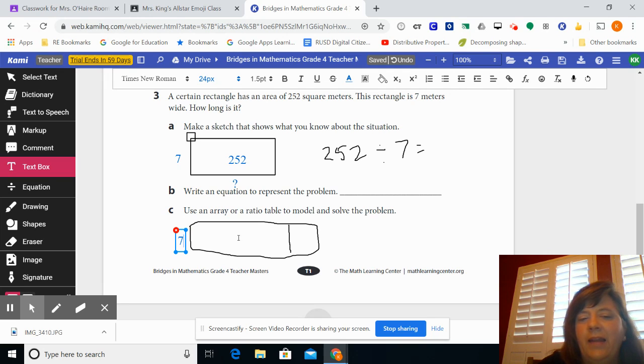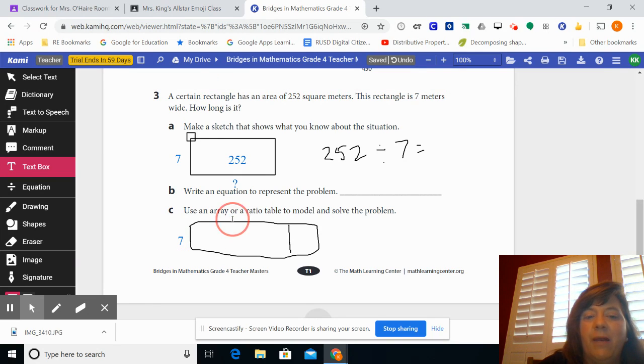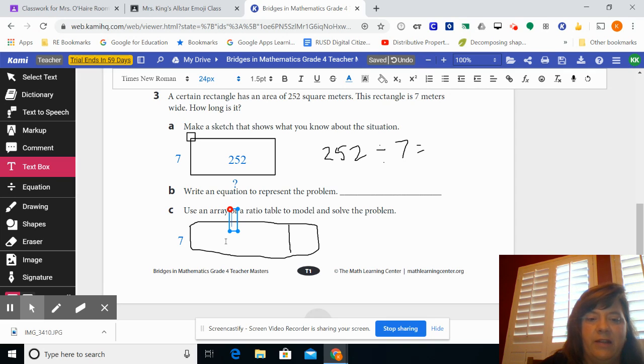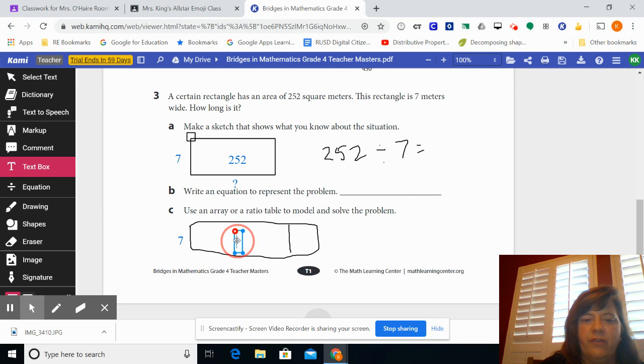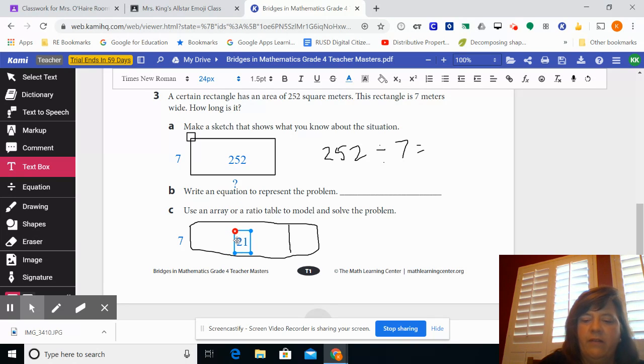So I'm going to think about my multiplication tables and what is going to be closest to 252. I know that might be 7 times 3, which is 21. So I'm going to put 210 right here, and I'm going to put 42 here, and that will equal this 252.